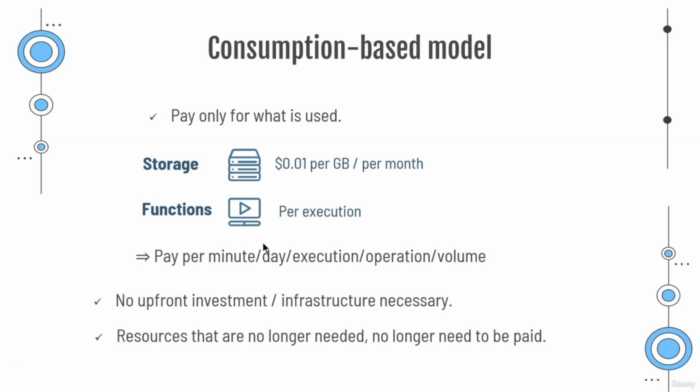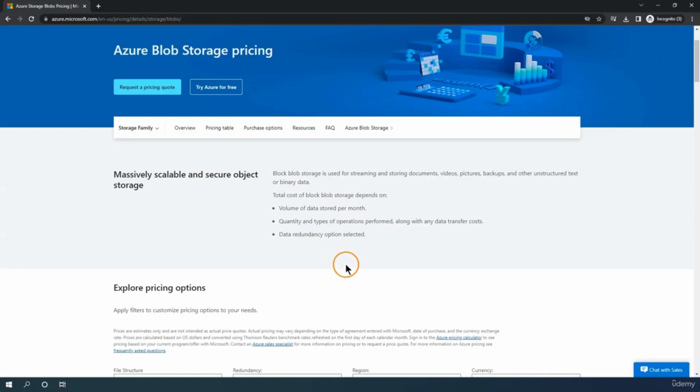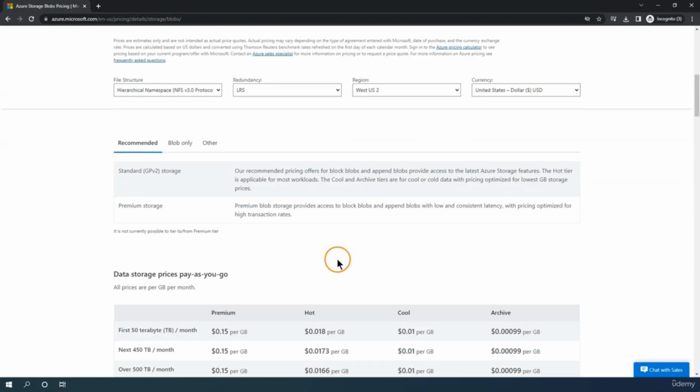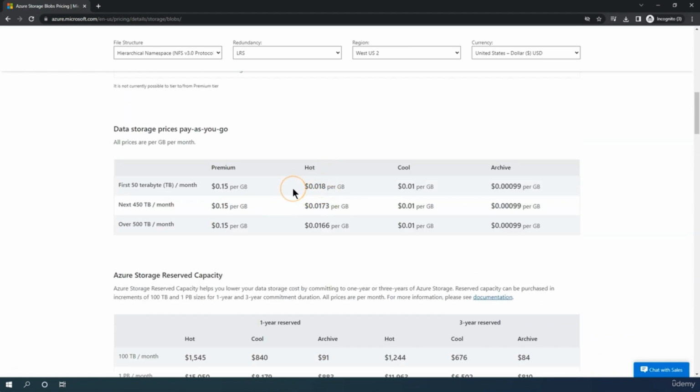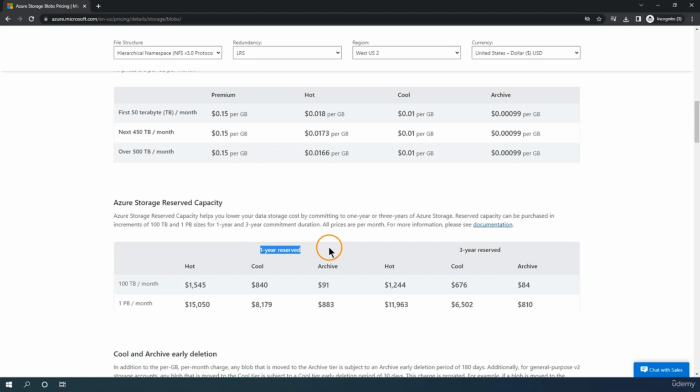The opposing model to this is the fixed price model. This can be applied to save costs. For example, if we are sure that we want to use storage in the next month and we know exactly how much we need, then we can reserve this capacity, pay upfront, for example, for 1 year, and then we can just save on cost, because then it will be cheaper, because also Azure already can plan and they can make this then cheaper for us.